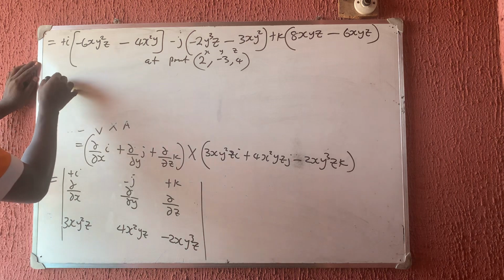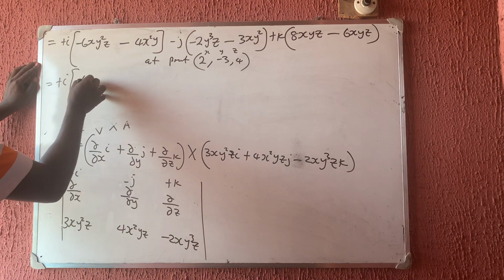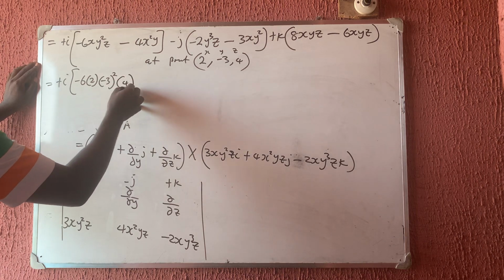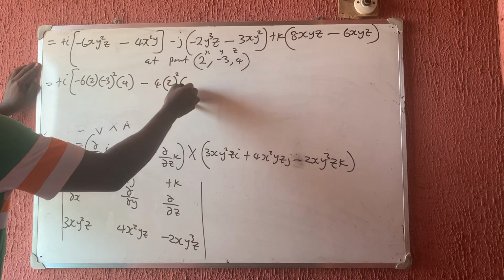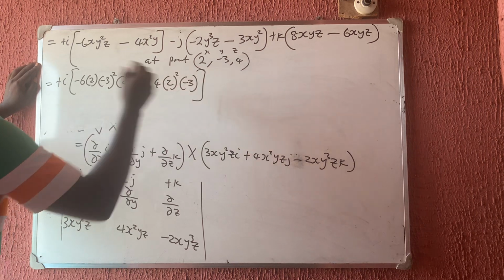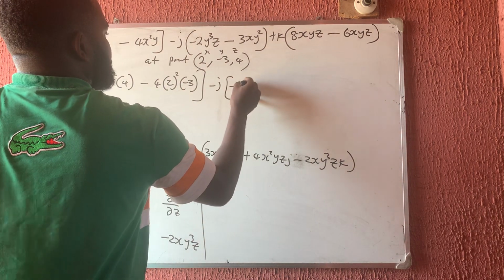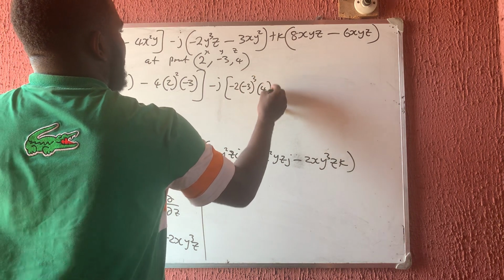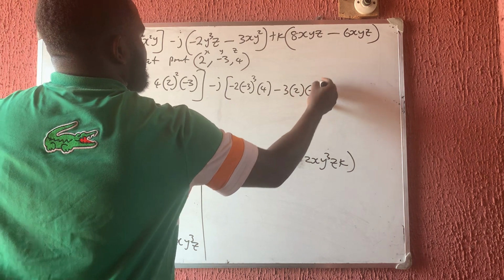So this is equal to plus i into minus 6 in bracket of 2 in bracket of minus 3 squared in bracket of 4, minus 4 into 2 squared and minus 3. You close. Okay, minus j into minus 2 into minus 3 raised to power 3 into 4, minus 3 into 2 into minus 3 squared.